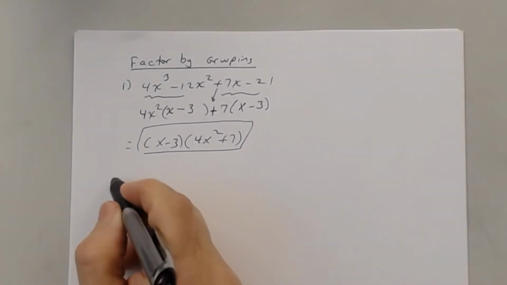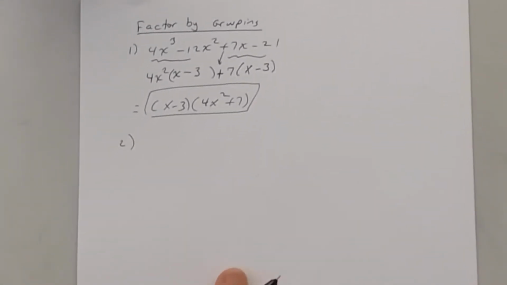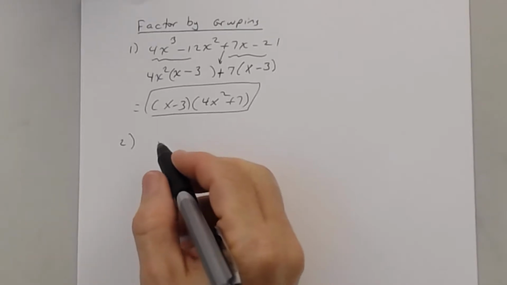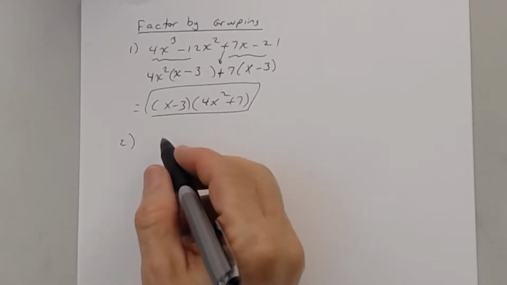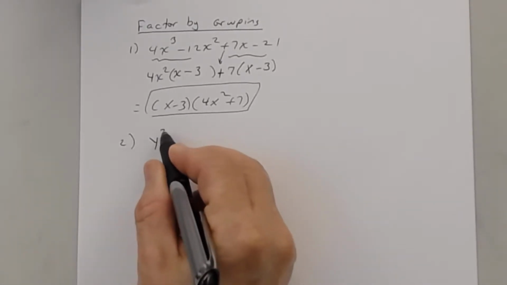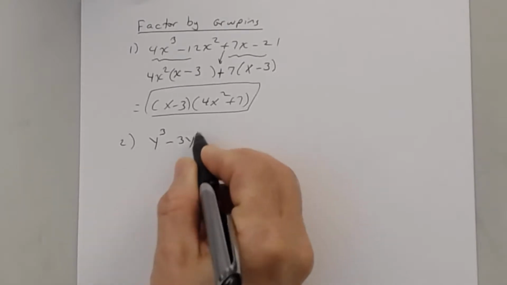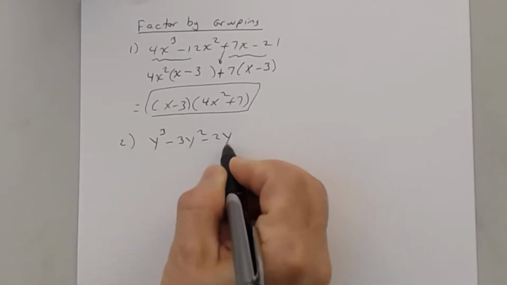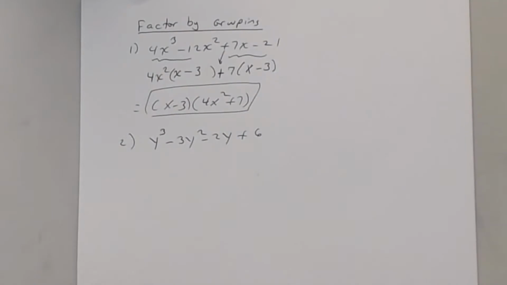All right, number 2. You have y cubed minus 3y squared minus 2y plus 6. What's the GCF? 1. GCF is 1.